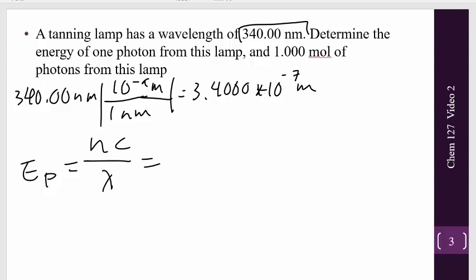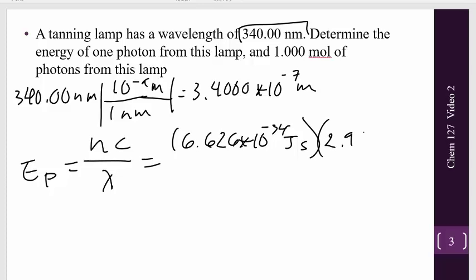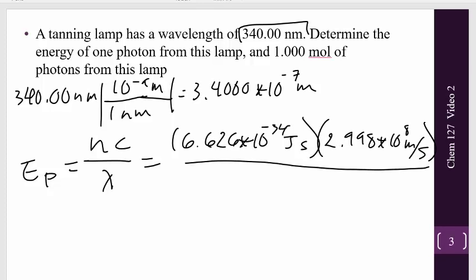So we can determine that from the constants that we know and the wavelength that we just converted into meters. 6.626 times 10 to the negative 34th joule seconds, and then the speed of light in meters per second, and then our wavelength in meters.